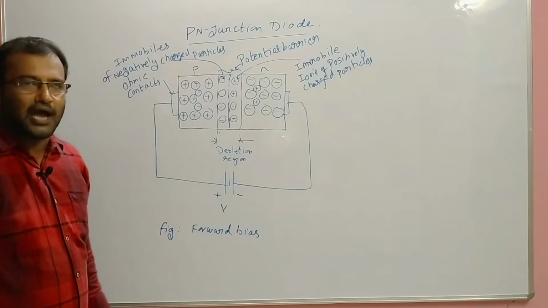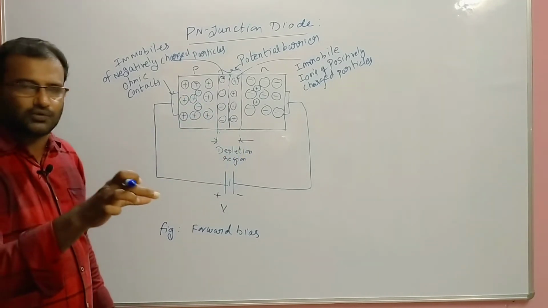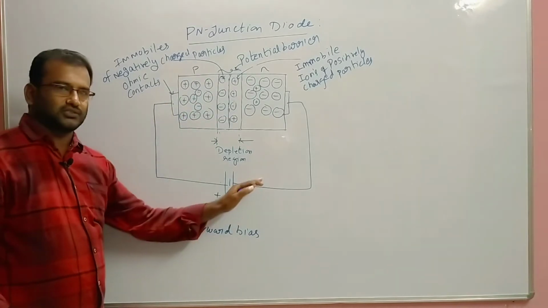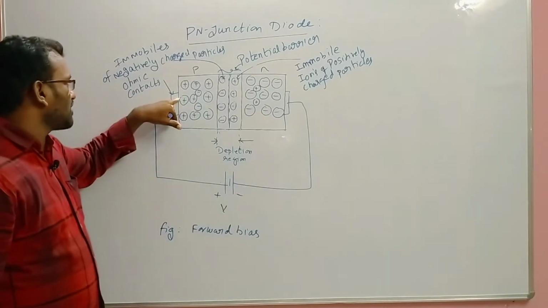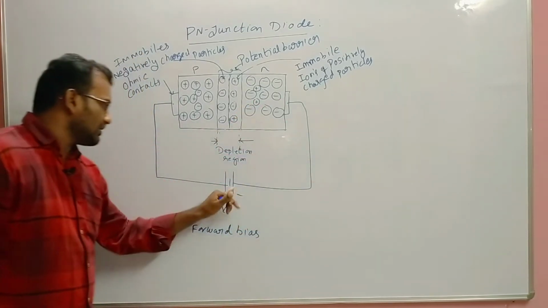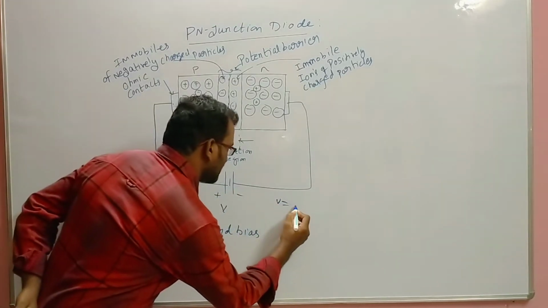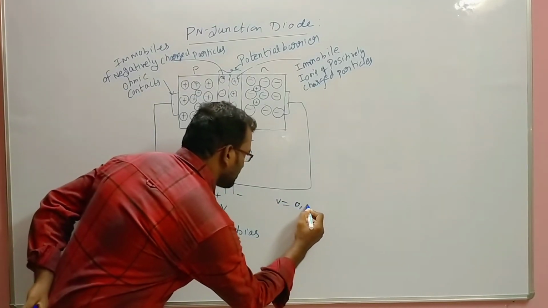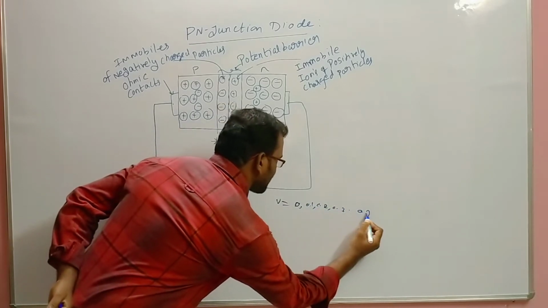Because I need to make current flow in the circuit. This connection is called forward bias. Then we initially increase the voltage: 0, 0.1, 0.2, 0.3, up to 0.7 volts.